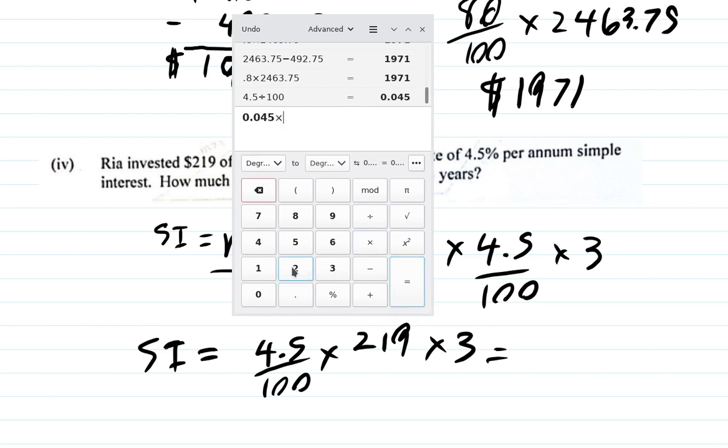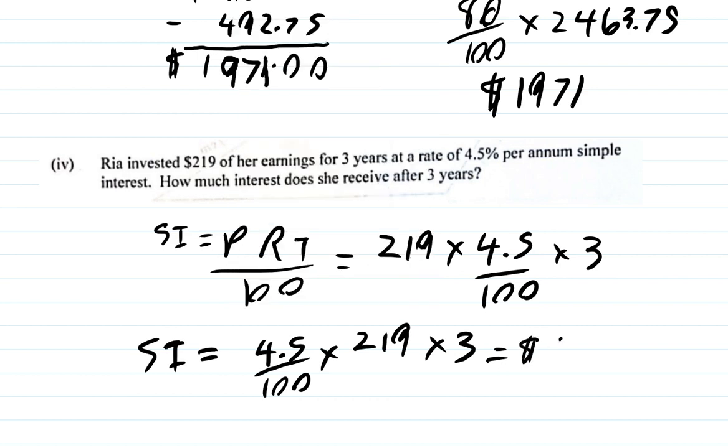Multiply that by 219, then multiply by 3 equals $29.50. Alright, when you round it off to two decimal places, it's going to be 29.57. You have $29.57. Alright? So that's what you have.